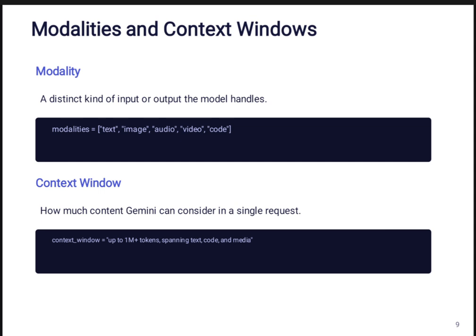Modalities and context windows. Modality: a distinct kind of input and output the model handles. Context window: how much content Gemini can consider in a single request.